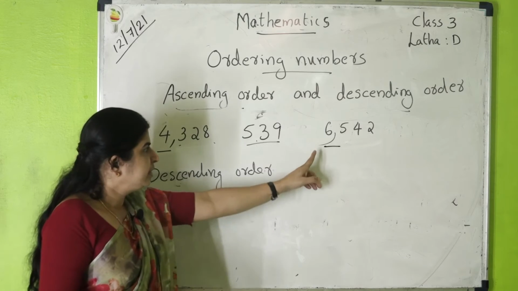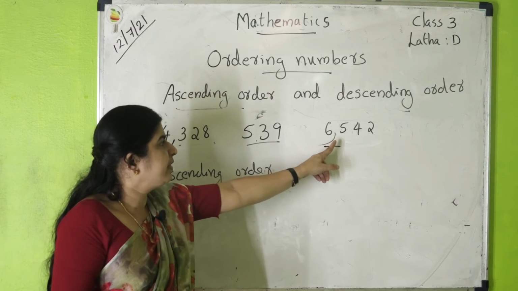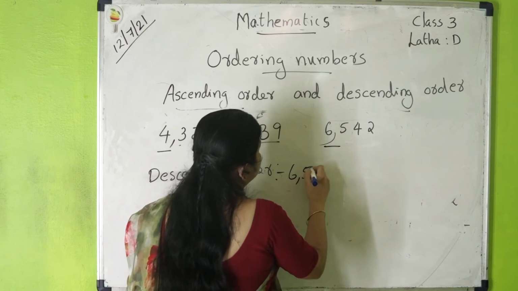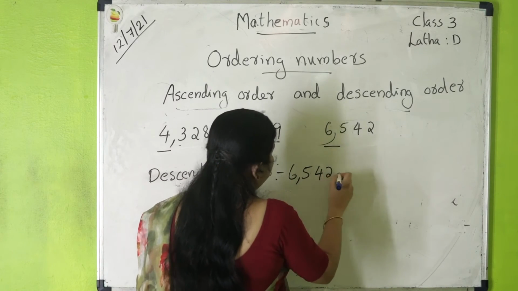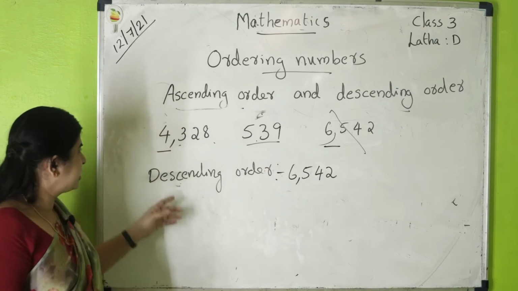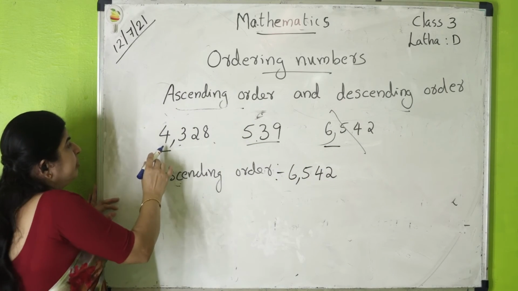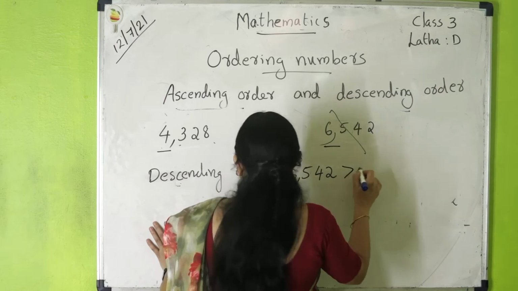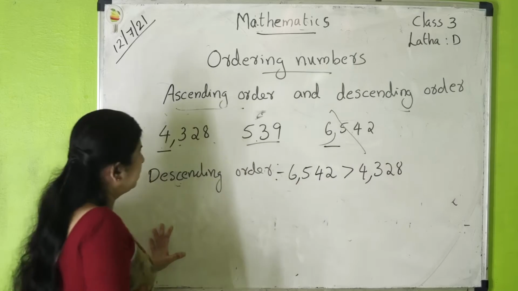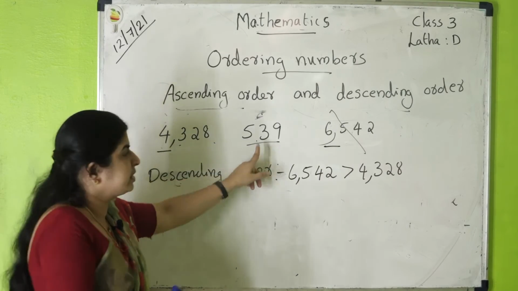Here, 6,542 is the greater number. Next, cross out this number. Next number, 4,328.